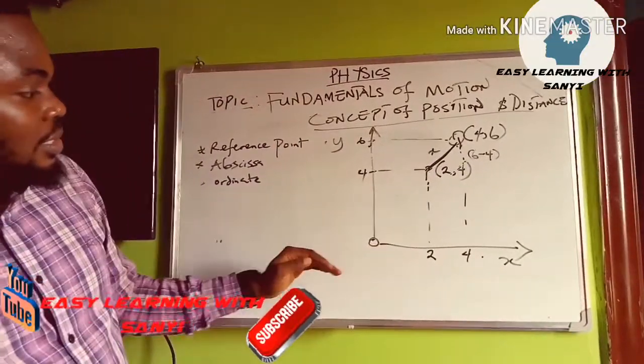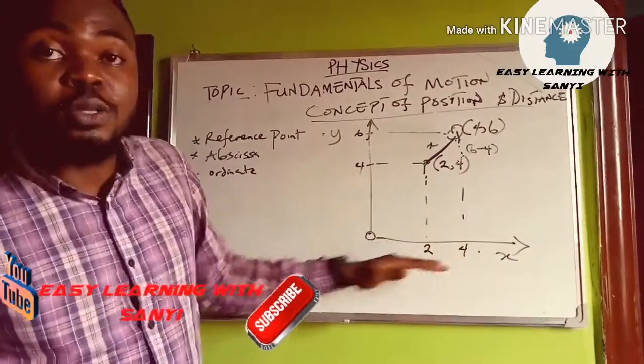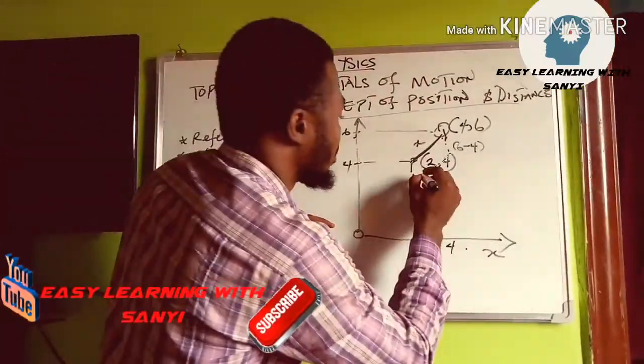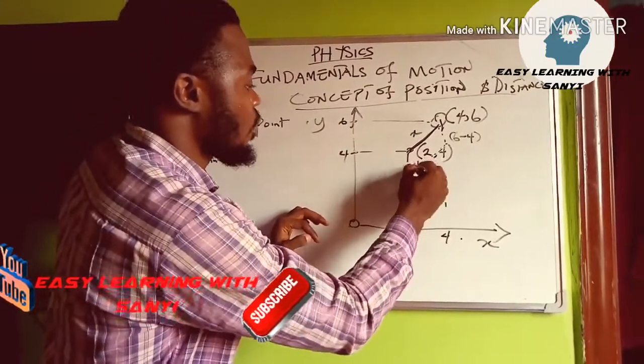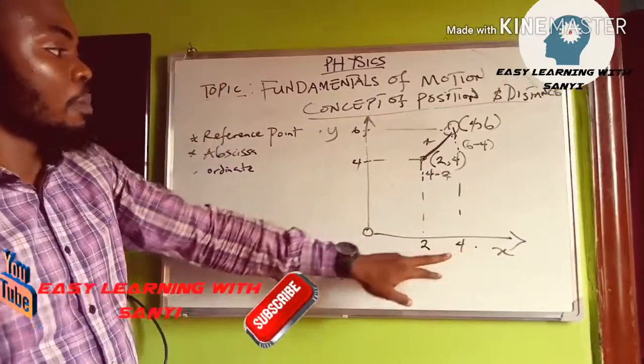While the distance from P to Q horizontally is 4 minus 2.